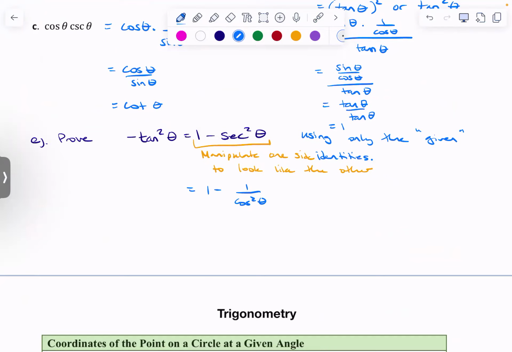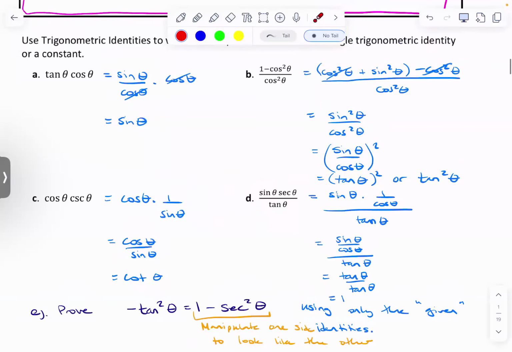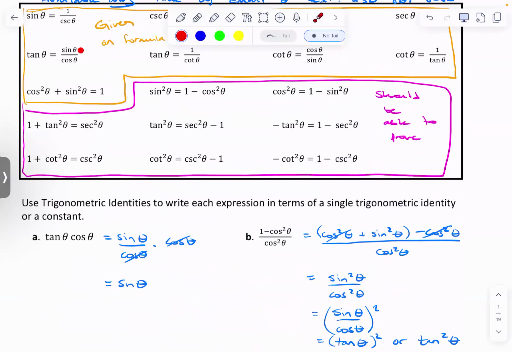It's another thing I could do. Now, I know that tan squared theta would be sine squared theta over cos squared theta. So that's kind of where I'm taking this, right?